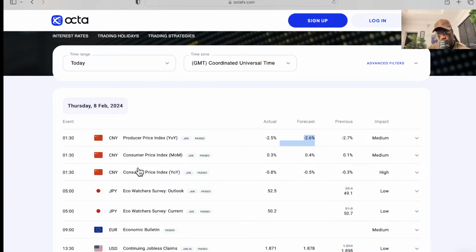So it's different. And again, the CPI is mostly used to track inflation. Okay, so let me know in the chat if you understand the difference between CPI and PPI.